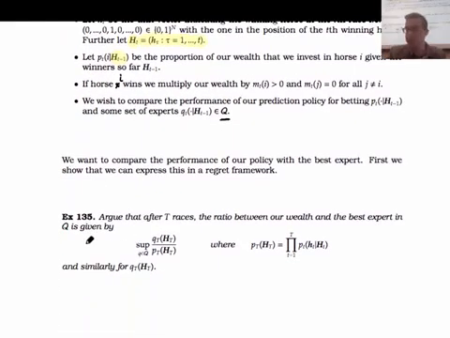So the first question here is really to argue that after T races, the ratio between our wealth and the wealth of the best expert in Q is given by the following. It's going to be given by the supremum over all the experts of Q_t(H_t).